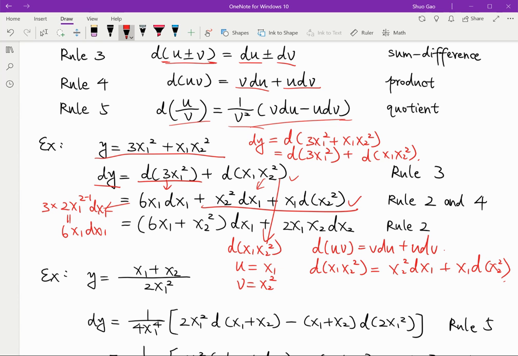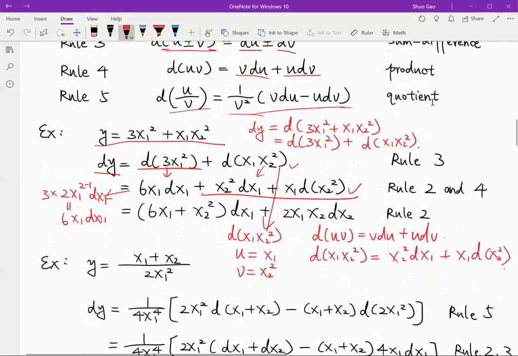So we get this function here. And then we apply another power function rule to the second one. So this becomes x1 times 2 x2 to the 2 minus 1, and then dx2. So this is just 2 x1 x2 dx2.